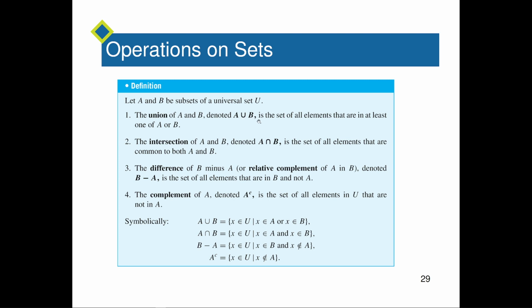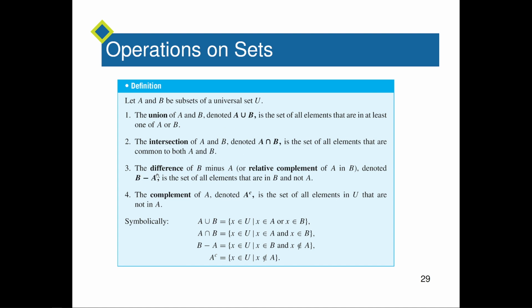It is a set of all elements that are in at least one of A or B. However, the intersection of A and B, with this sign, is a set of all elements that are common in both A and B. All of the elements for the intersection, however, for the union, at least one. So that is the difference between them.